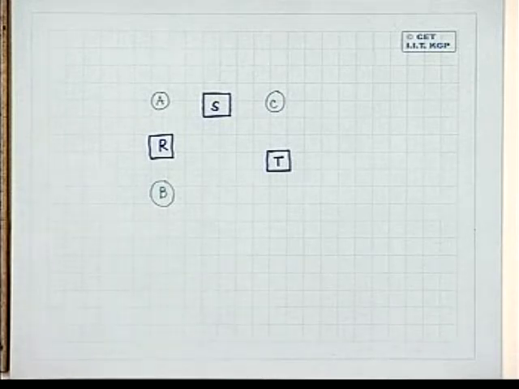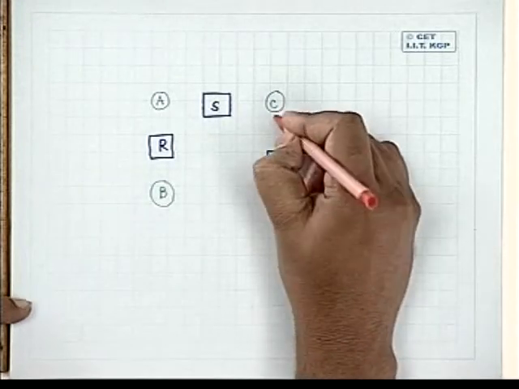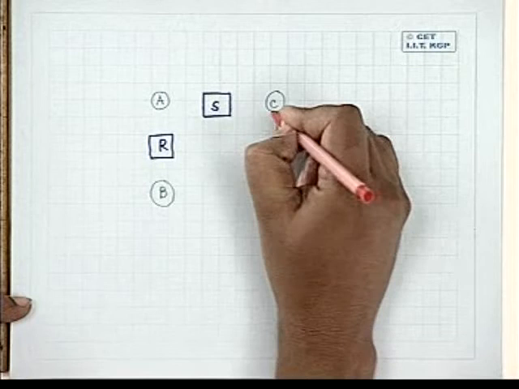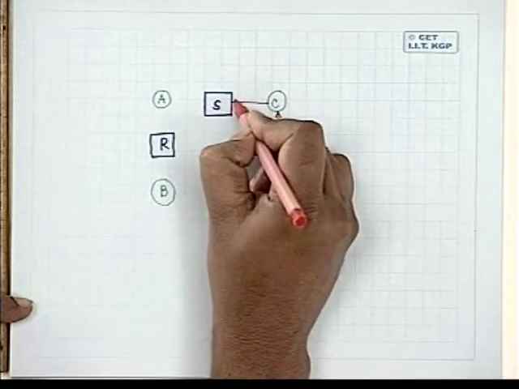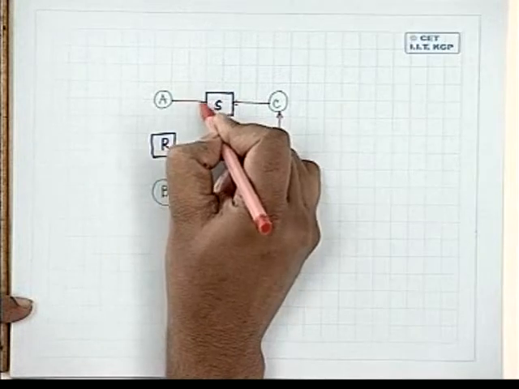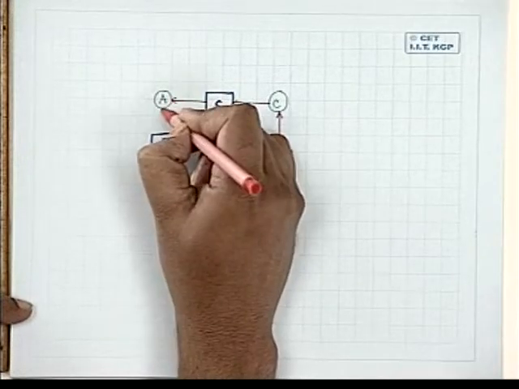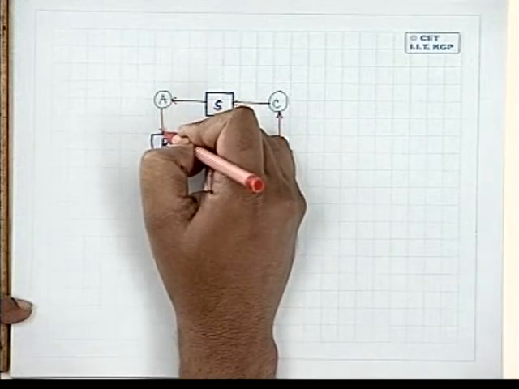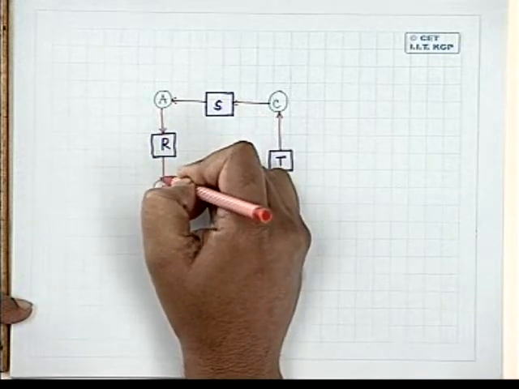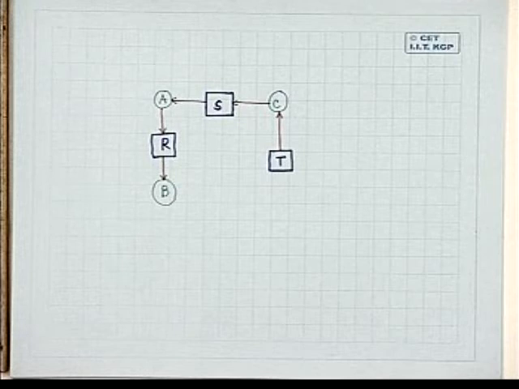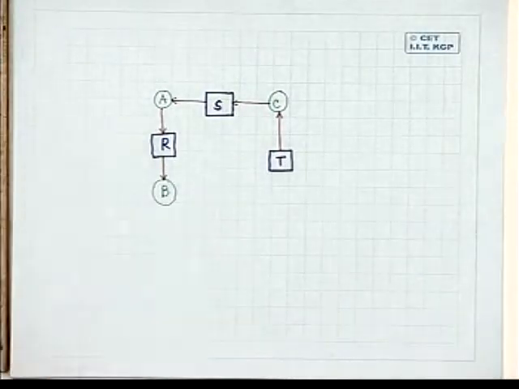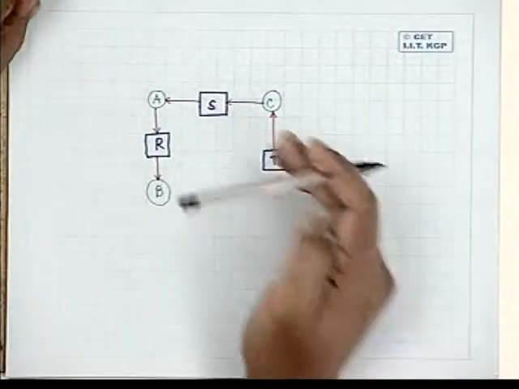And the edges will be: T is allocated to process C, C is requesting resource S, S is allocated to process A, A has put a request for resource R, and R is allocated to process B. So this is the global resource graph, and this global resource graph is maintained by the central coordinator.